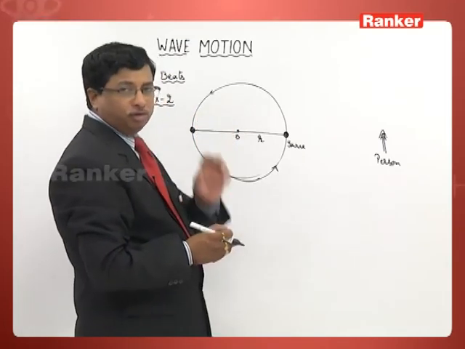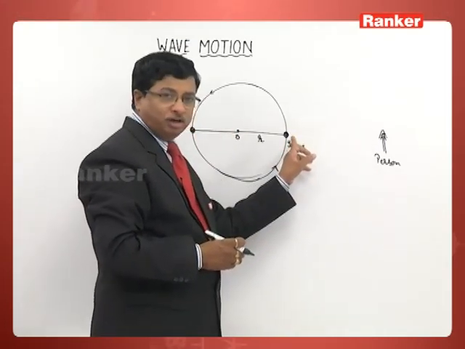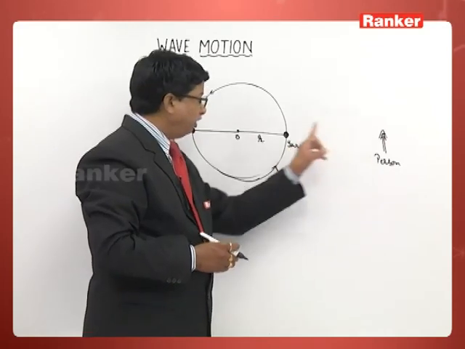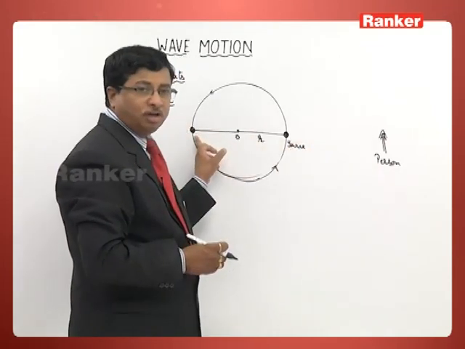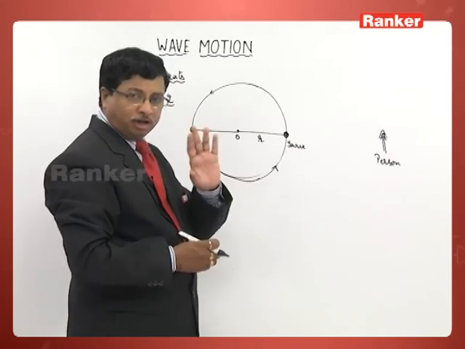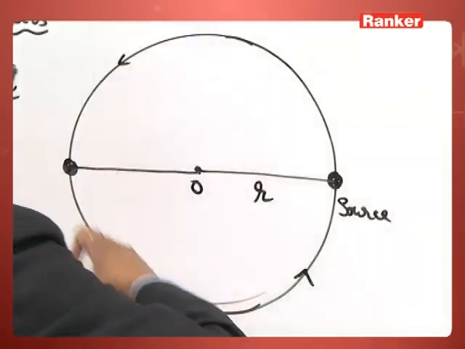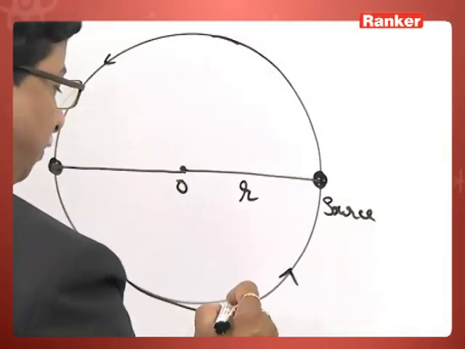That is a wrong notion. You will never have the frequency maximum when the source is here. You can never have frequency minimum when the source is here on the other side of the vertical circle. It is not correct.